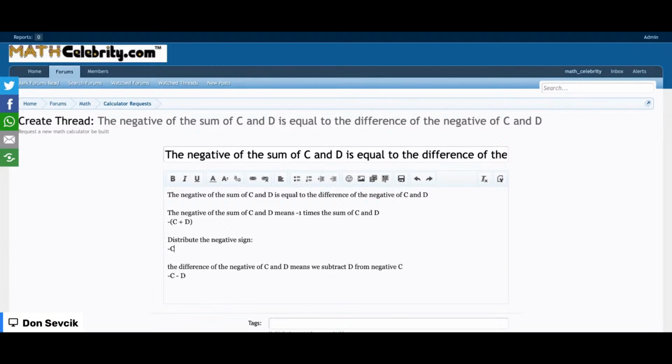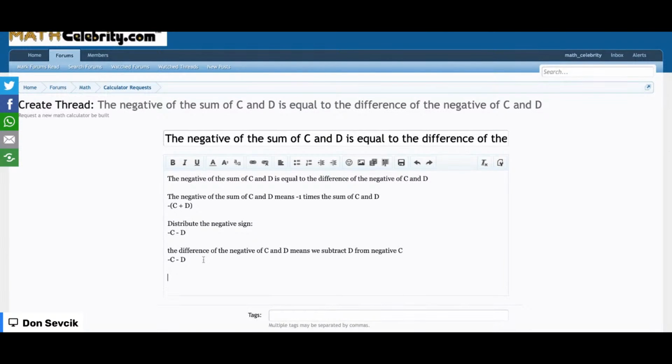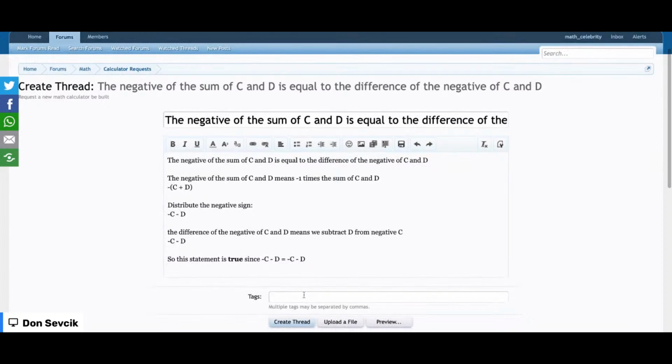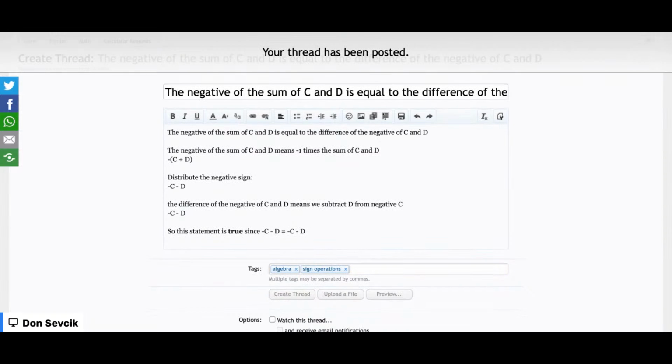So we get negative C minus D. And indeed, this statement is true since this equals this. True. So what I did here is I broke out the two terms, distributed the negative sign in the first one because it was not simplified, and lo and behold, it equals the second term, which is great. So we've got algebra, sign operations, and we are done.